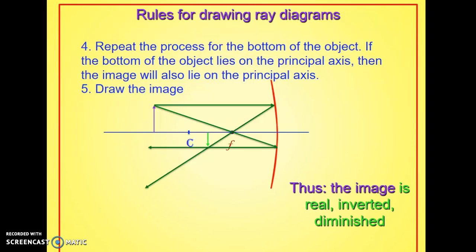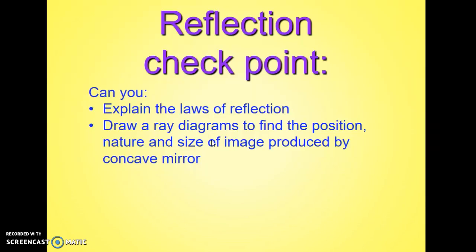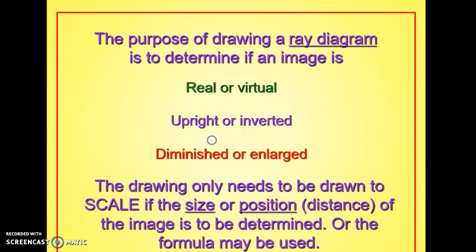We have to explain that the image is real, inverted, and diminished. Real, because it's on the same side as the object. This is the image. It's inverted. You can see this one's going upright and this one's upside down, and it's smaller. It's diminished. So double check that you can explain the laws of reflection, and we're going to continue drawing ray diagrams.